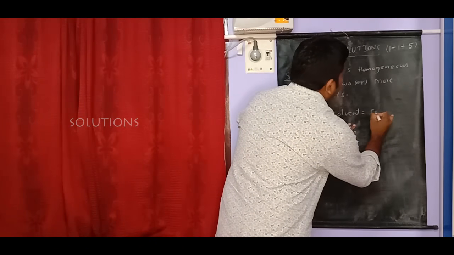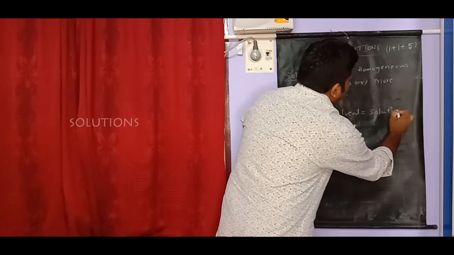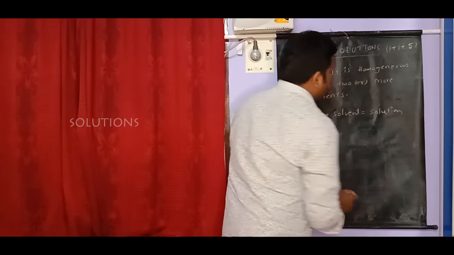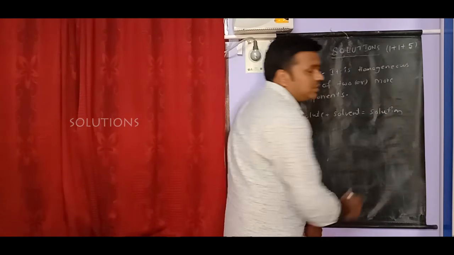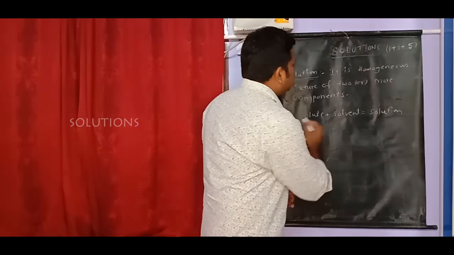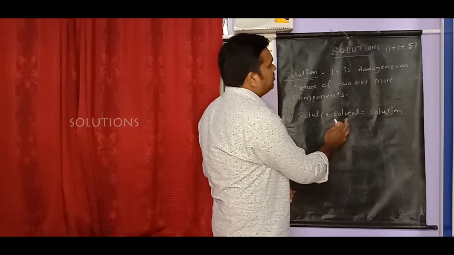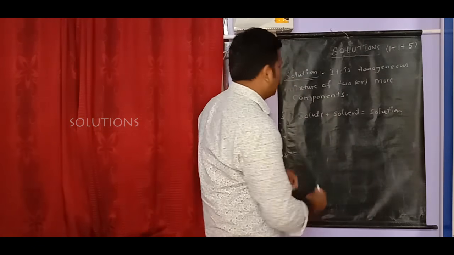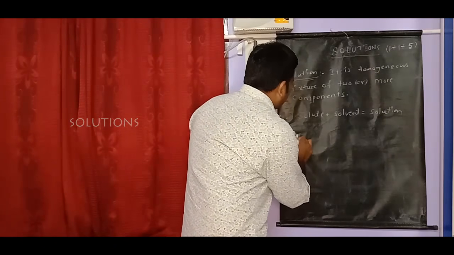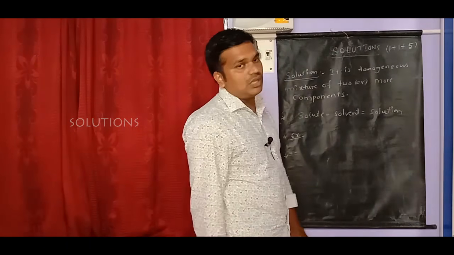Both are combined to form a solution. Solute and solvent form which one? Solution. These two components are present in solution only. Let us take an example related to solute and solvent.